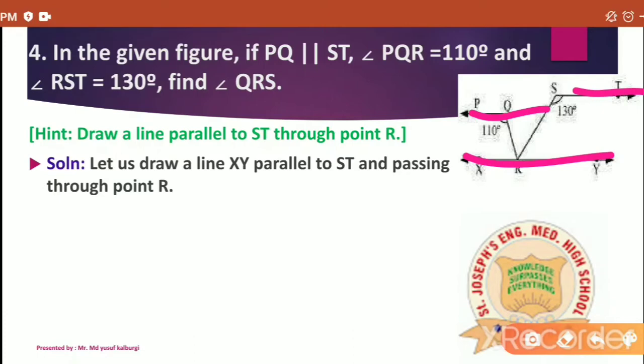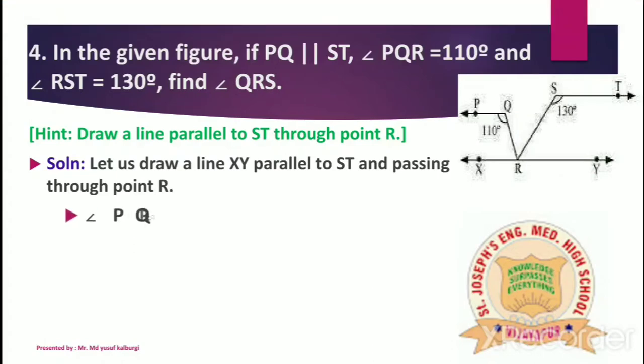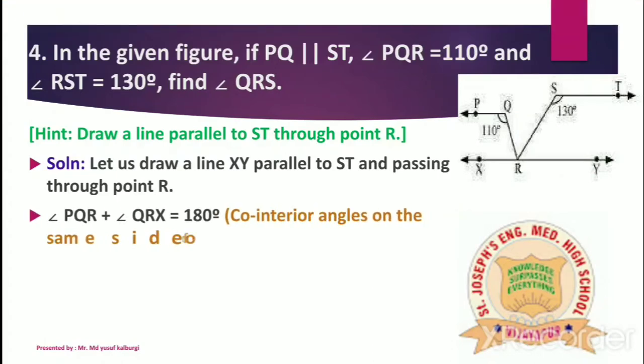Therefore, can I write XY is parallel to PQ? Yes, we can write. Co-interior angles sum is always equal to 180 degrees, so we write angle PQR plus angle QRX equals 180 degrees.